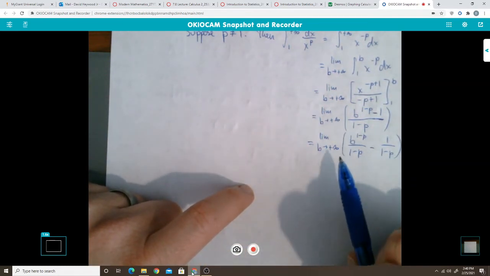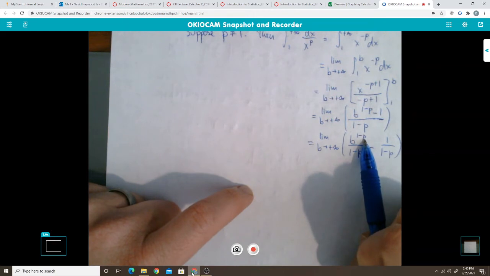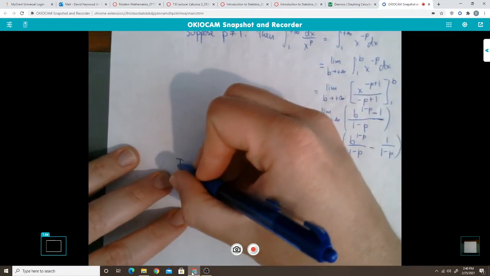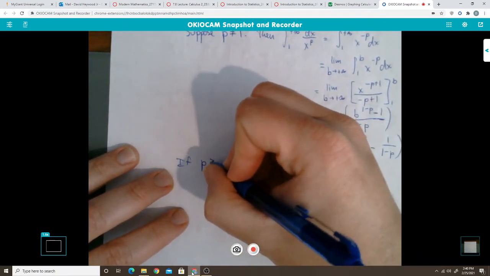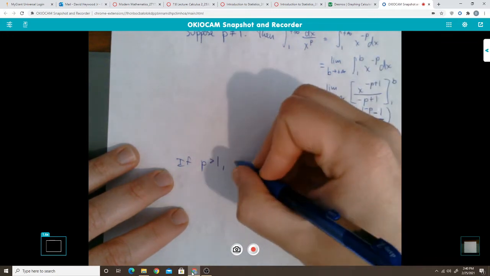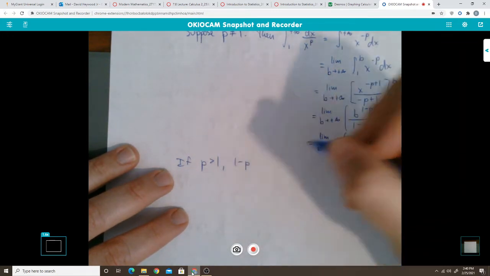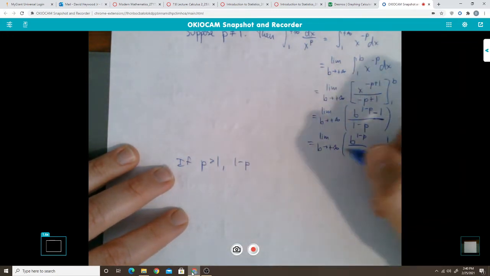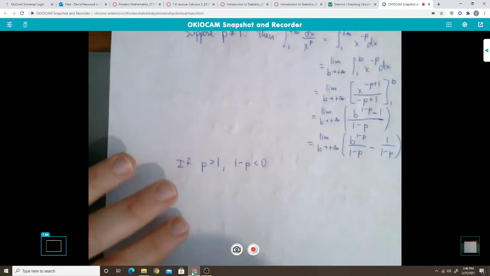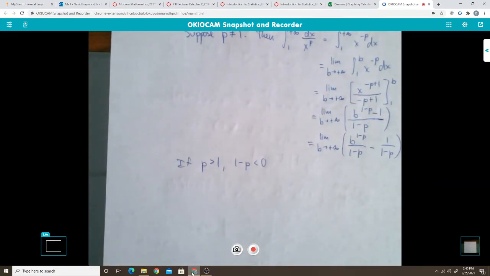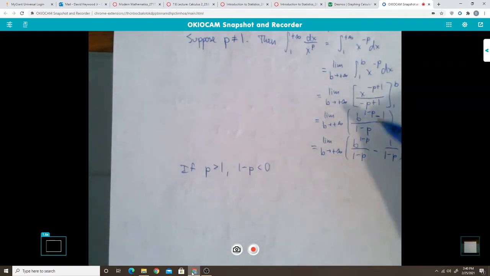Okay, so notice that if p is greater than 1, then 1 minus p is negative, right? And so you'll have b to a negative exponent.